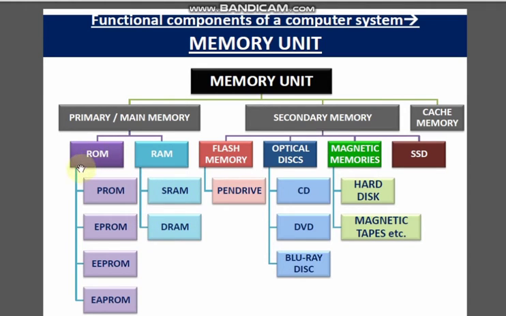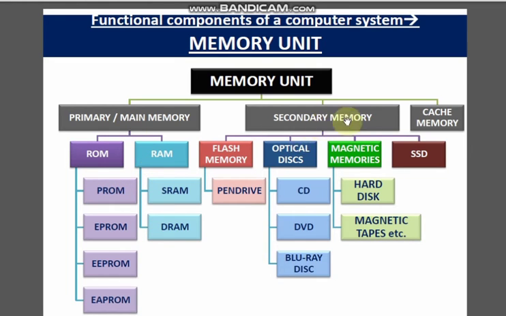ROM, read only memory. Under that we can classify it as programmable read only memory, erasable programmable read only memory, electrically erasable programmable read only memory, and electrically alterable PROM, programmable read only memory. These are the classification of primary memory, ROM, RAM.